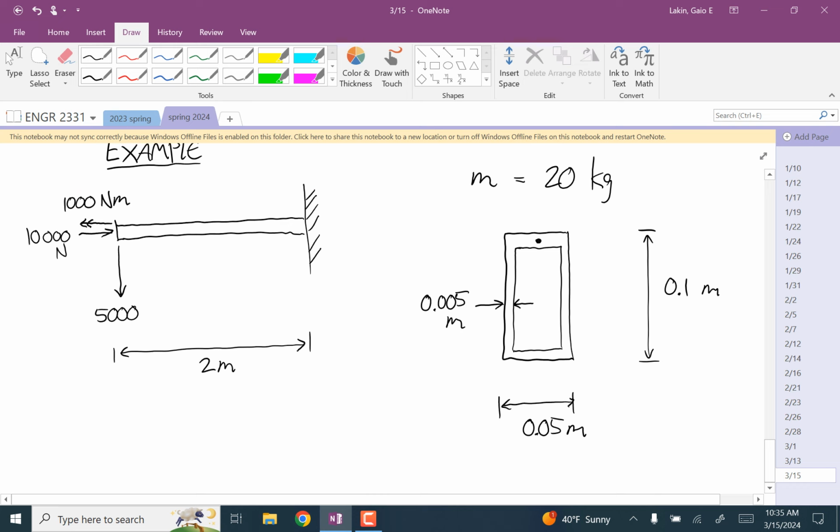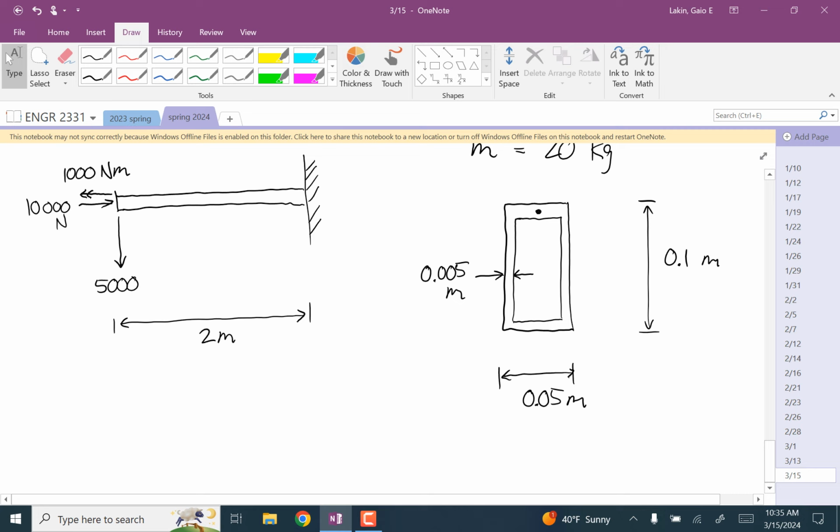How many cuts do we need? So we're trying to calculate the stress tensor here. Oh, and actually, you know what?